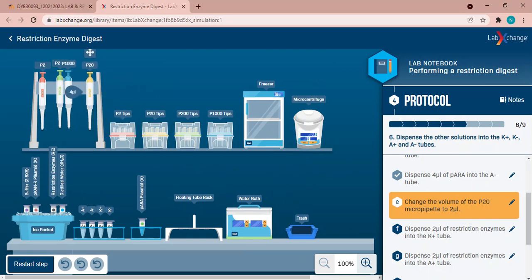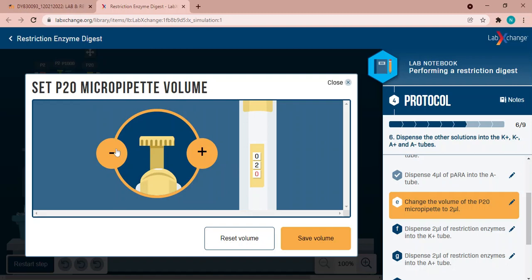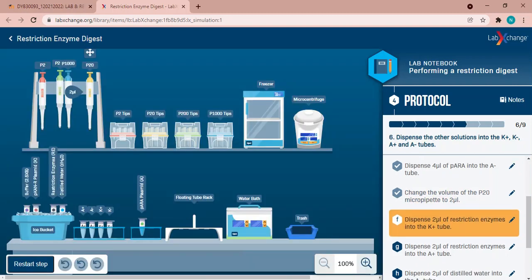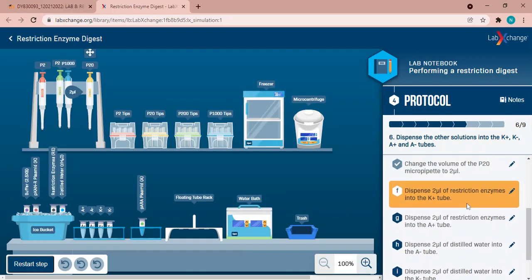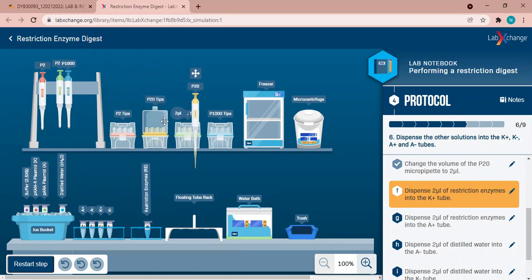Next, change the volume of the P20 micropipette to 2 microliters. Okay. Next, dispense 2 microliters of restriction enzymes into the K plus tube.